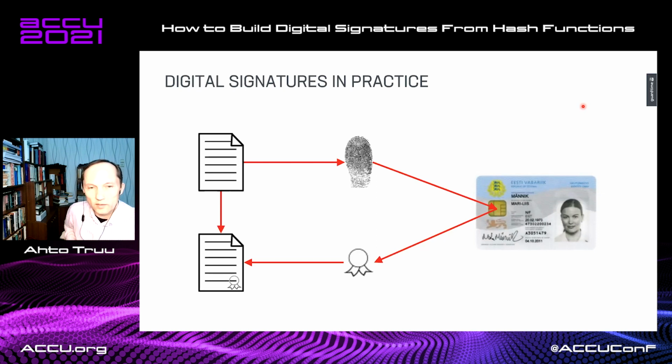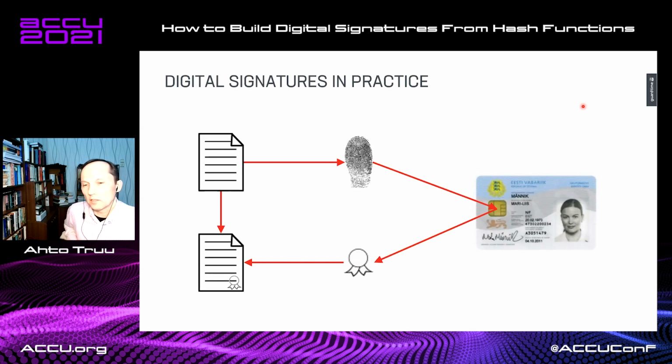The solution is that instead of the document itself, a hash value, or a fingerprint of the document, is computed, and then this compressed representation is sent to the chip, and the chip does not sign the document directly, but indirectly by signing the hash value. And the more fundamental reason for doing it this way, besides performance, is that performance actually is just a nice side effect.